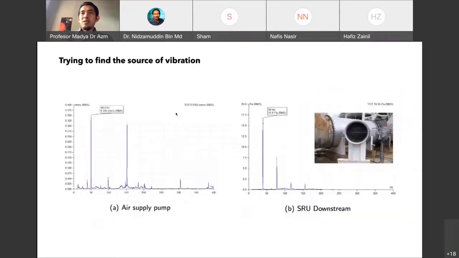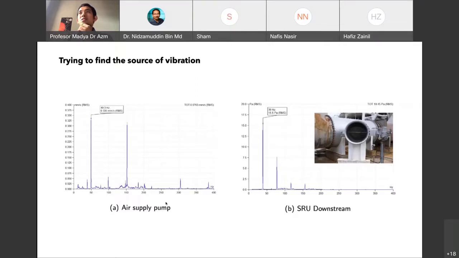In order to make sure that our analysis will be correct, we want to rule out all the possibilities first. So we measured the air supply pump vibrations, and there is no vibration at 63 hertz.